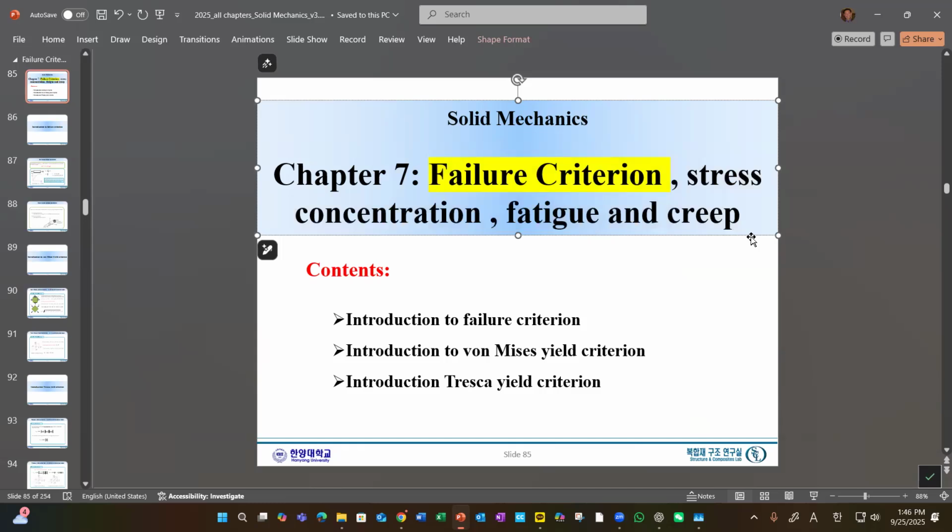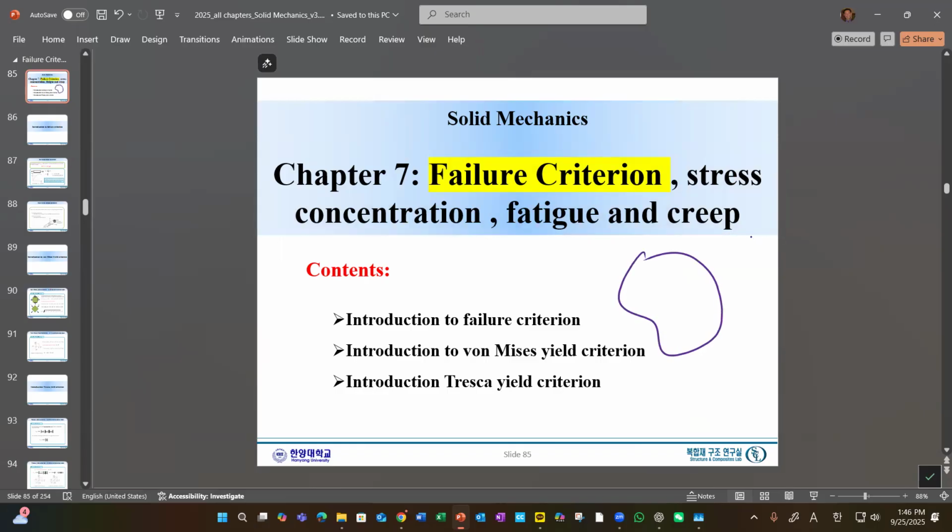In chapter 5, we understood the definition of a stress, and we also understood the concept of stress transformation, which gives us the normal stress and shear stress at a certain point, on a certain plane, right?